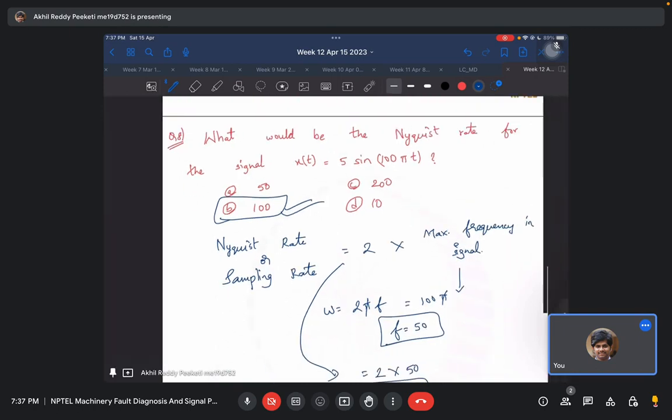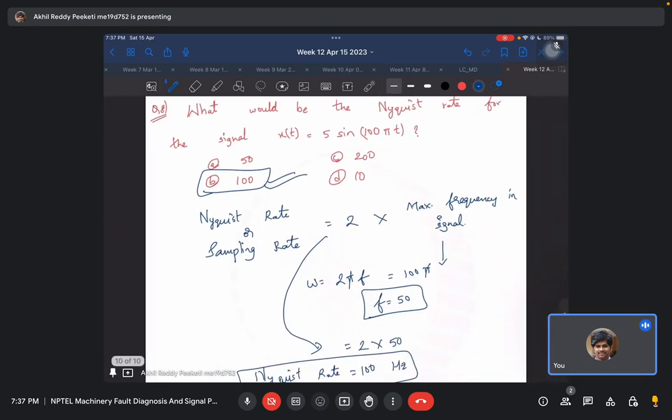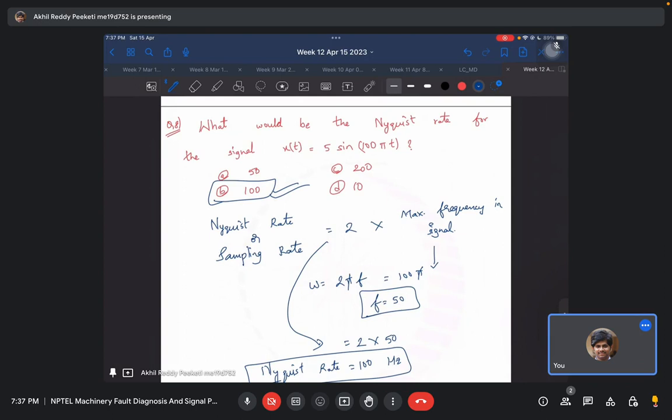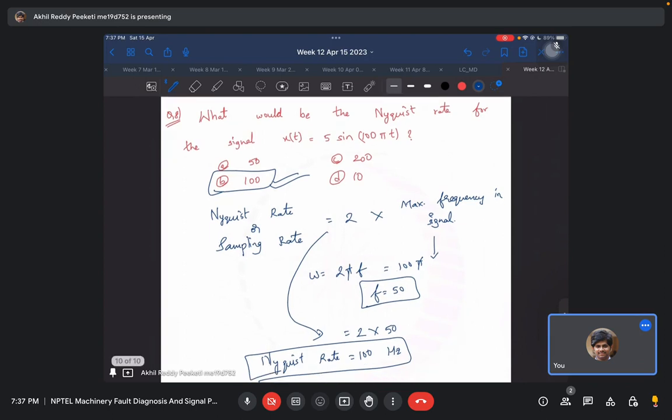Okay, so this is how you can calculate the Nyquist rate if you know the frequency in the given signal. Okay, let's move to the next question.